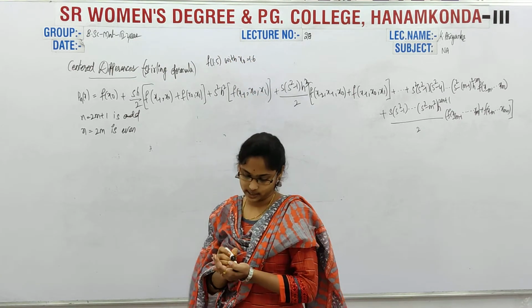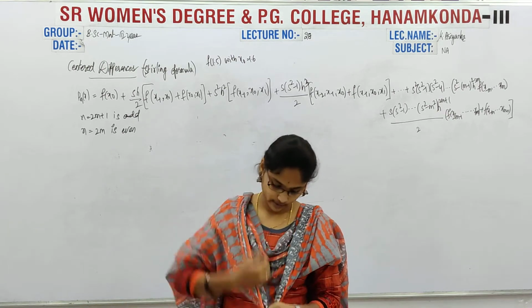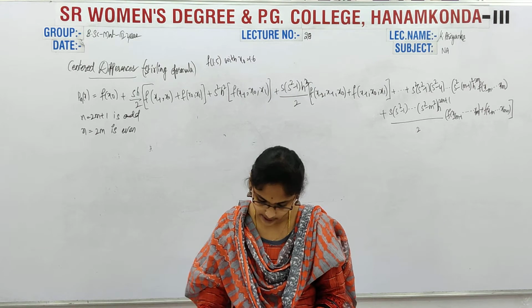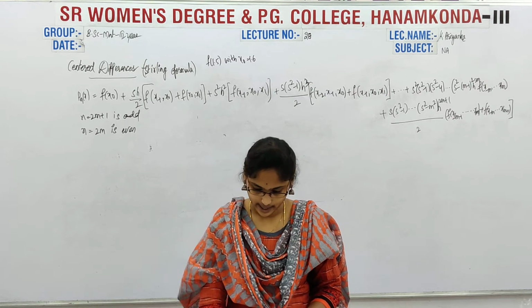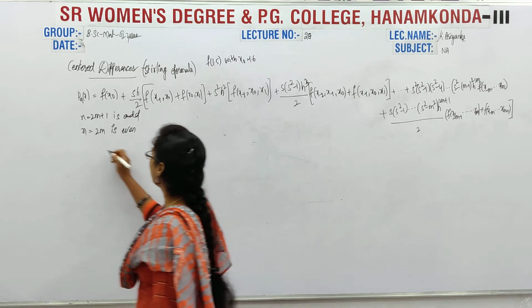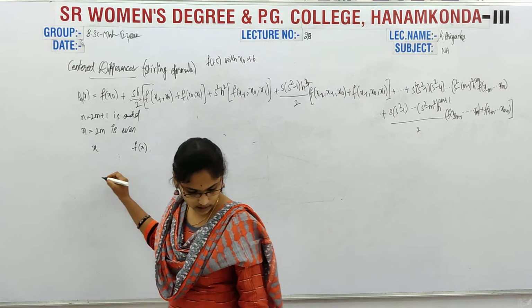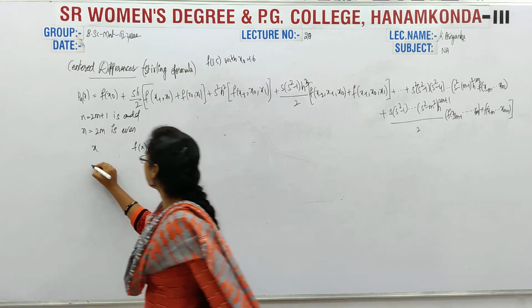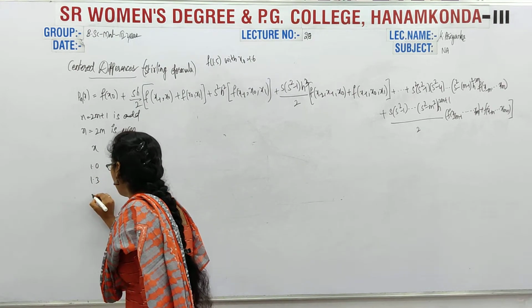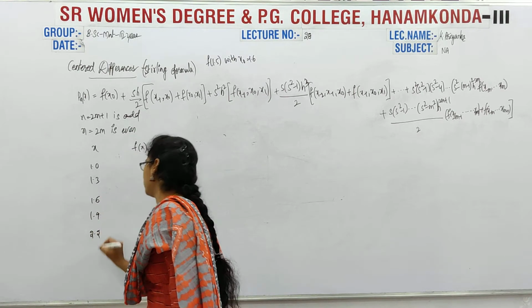You must mention this compulsorily. So now for the previous problem, the following data: write down x and f of x in the question. The x values are 1.0, 1.3, 1.6, 1.9, 2.2.